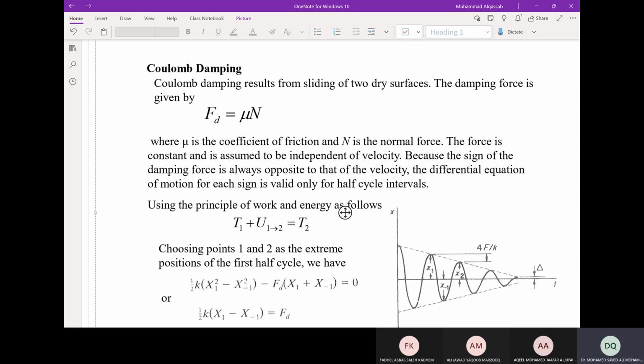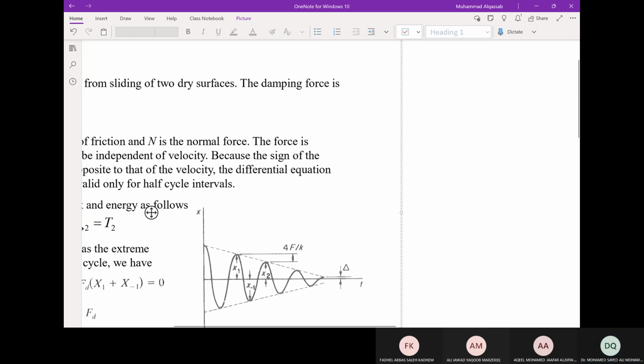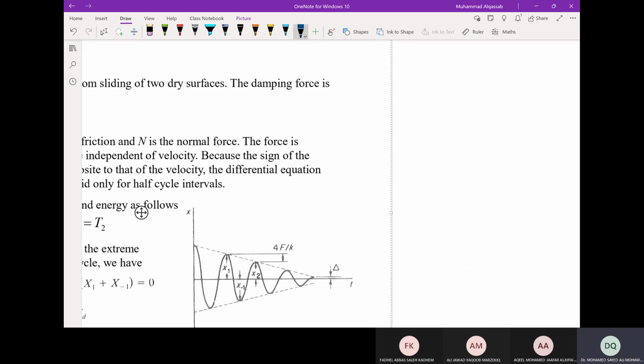So it depends on how the mass is supported. What you have usually is a surface, and then you have a mass resting on the surface, and there is a friction here. Okay, this is the surface which is rough, and there is a friction.